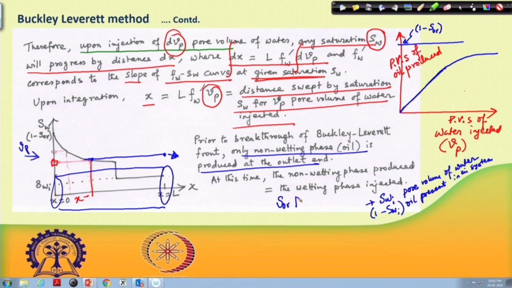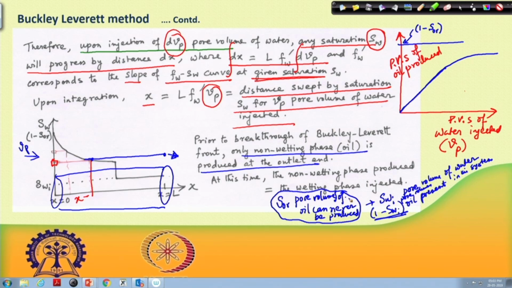SOR pore volume of oil can never be produced, because that is system dependent. To start with I have 1 minus SWI pore volumes of oil present in the system, and at the end SOR pore volumes of oil can never be produced.